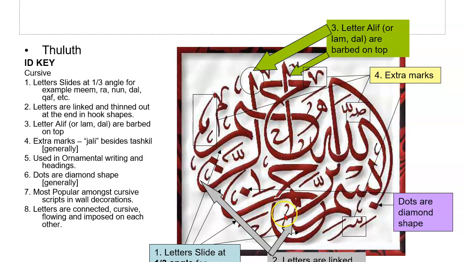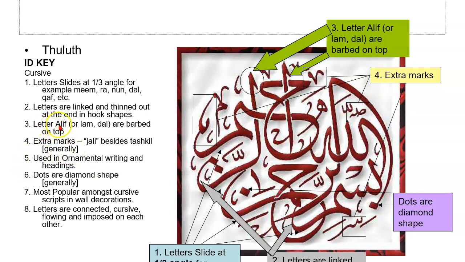And when you come across anything that looks very busy and ornamented like this, you could pretty much say this is sulus, because sulus has a jelly element to it, a decorative element, and that usually is true. So extra marks are there.